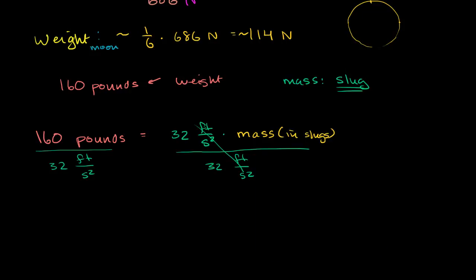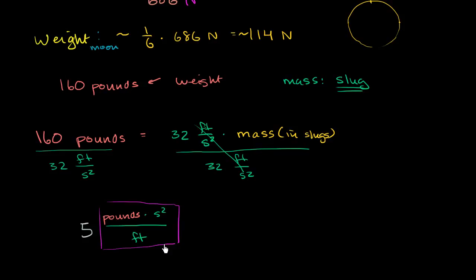I should have been able to do that in my head. So I get 5, and the units here, in the numerator I have pounds, and then I'm dividing by feet per second squared. That's the same thing as multiplying by seconds squared per foot. And these units, 5 pounds seconds squared over feet, this is the same thing as a slug.